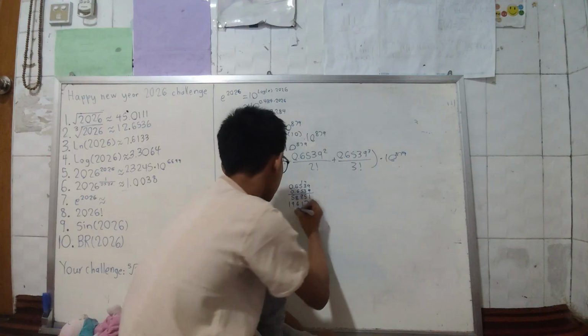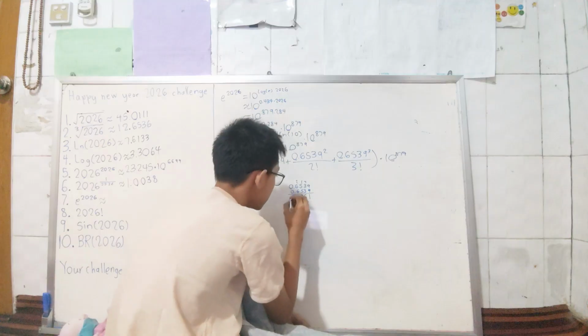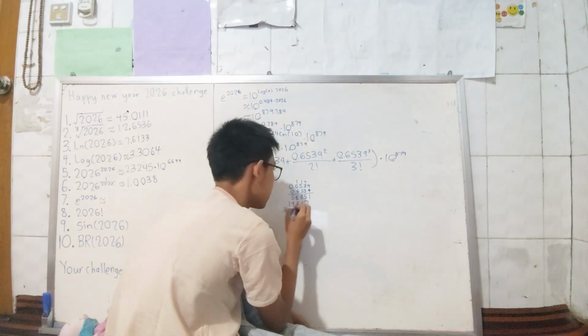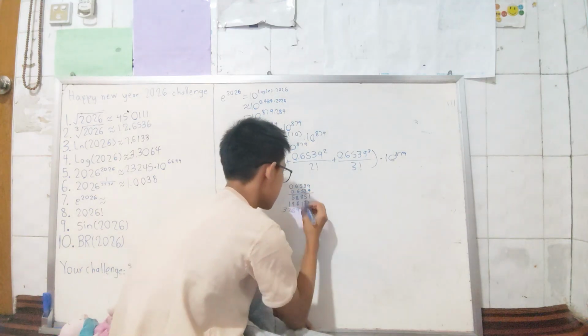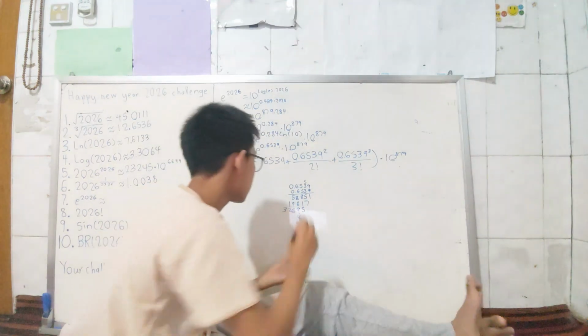5 times 3 is 15. Minus 45. I mean, 25, that's going to be 26. 6 times 5 is 30, that's going to be 32. And then 6 times 9 is 54. I'm really tired now.